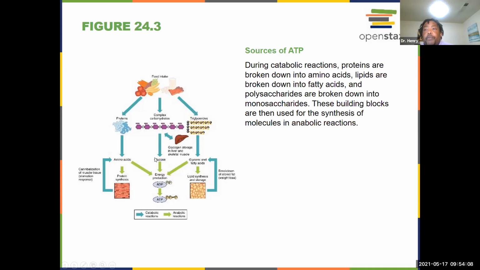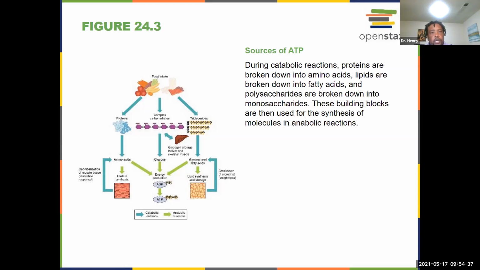That glucose is going to be broken down to produce energy by using that ADP molecule and making ATP. Same thing with the fats, exactly the same way. We have our triglycerides. The triglycerides are going to be broken down to fatty acids and glycerol. That glycerol is then going to be used as an energy product, and then we're going to end up making more ATP, right?